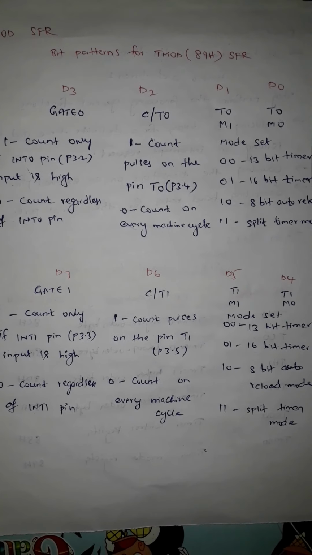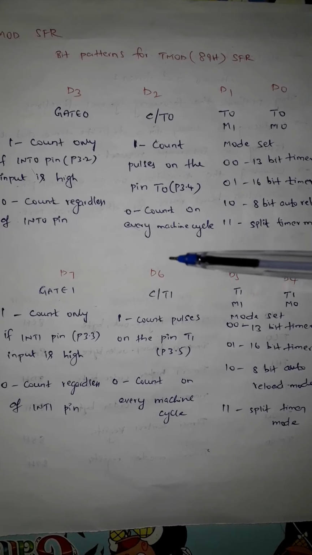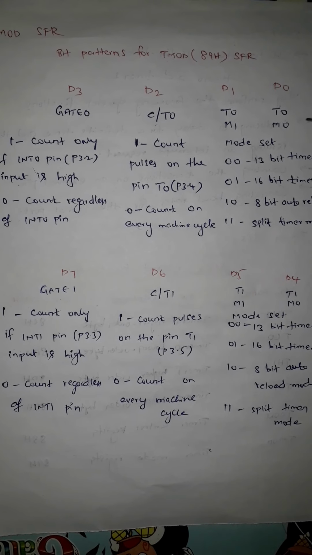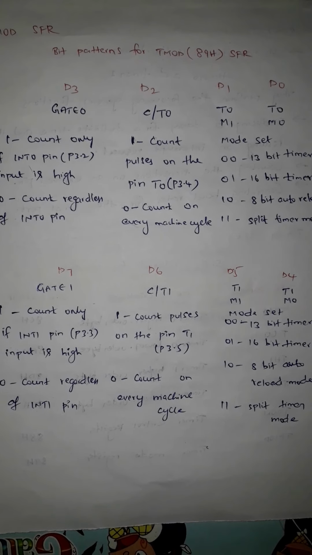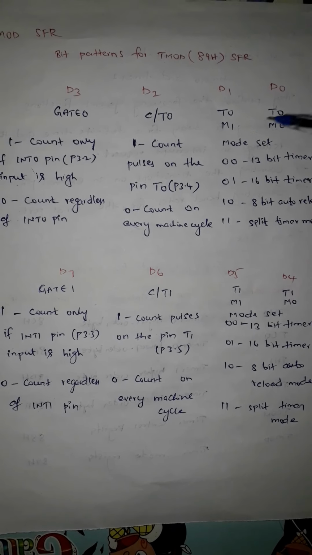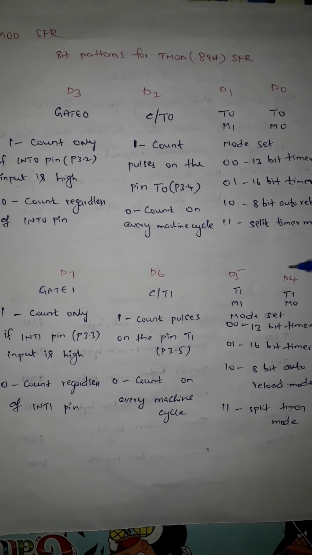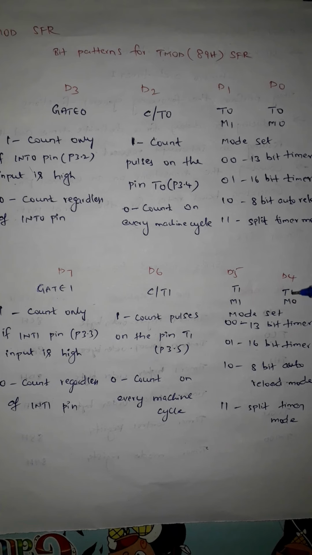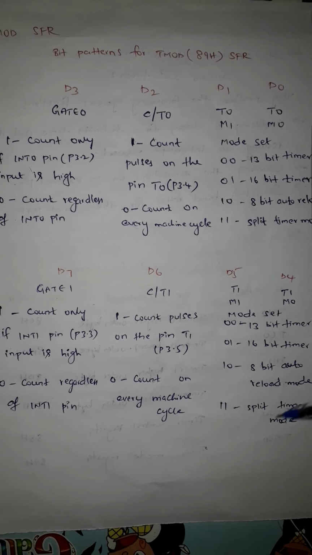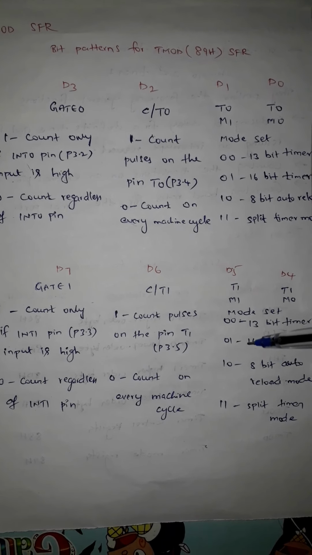And similarly D4, D5, D6, D7 are the same as D0, D1, D2, D3, but these are for timer 1 and those are for timer 0. So D4, D5 are mode bits for timer 1. They are used to select one of the modes for timer 1.